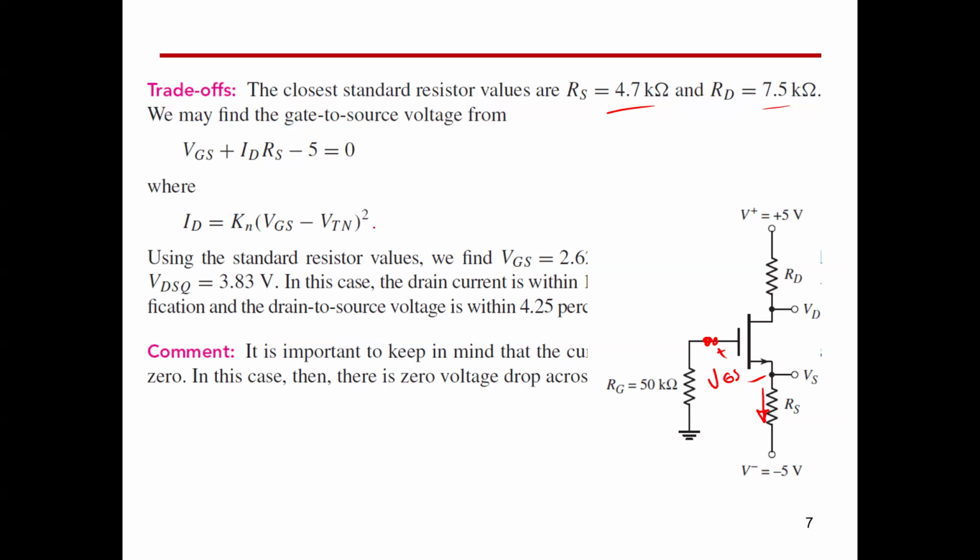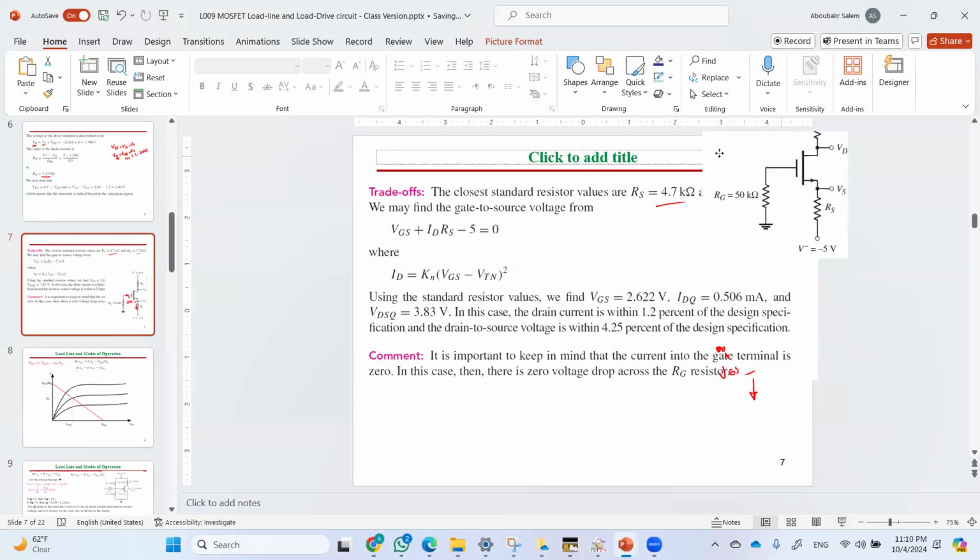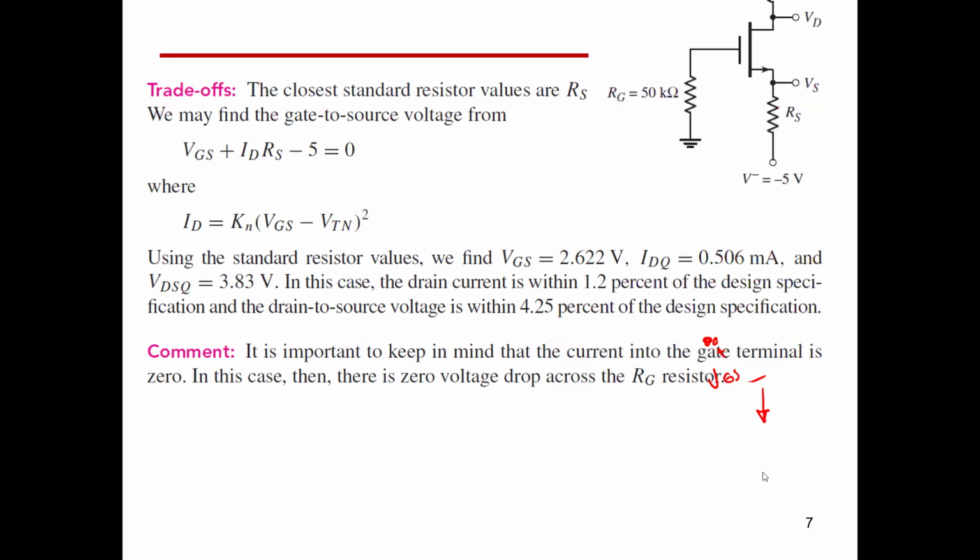What we can do is simply recalculate. Recalculating means let's calculate VGS according to the values we have here. So IDQ is gonna be 0.506. So repeat the calculation, guys, again.